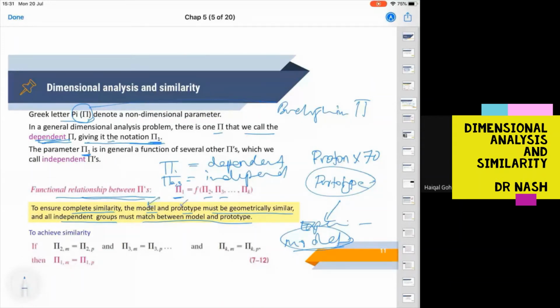Yes, definitely, otherwise it's not comparable. And all independent groups must match between model and prototype.